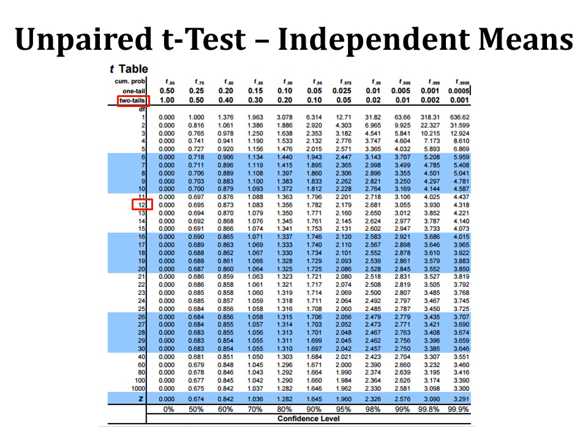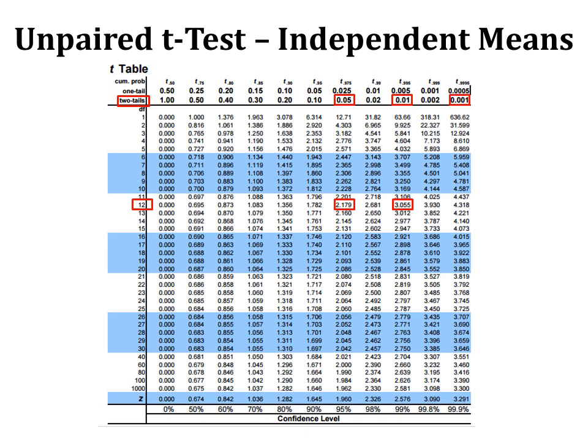So let's see what is our first level of critical probability. This is 0.05, and the table value at probability 0.05 is 2.179. And then we have our next level of critical probability, which is 0.01, and the table value for this one is 3.055.